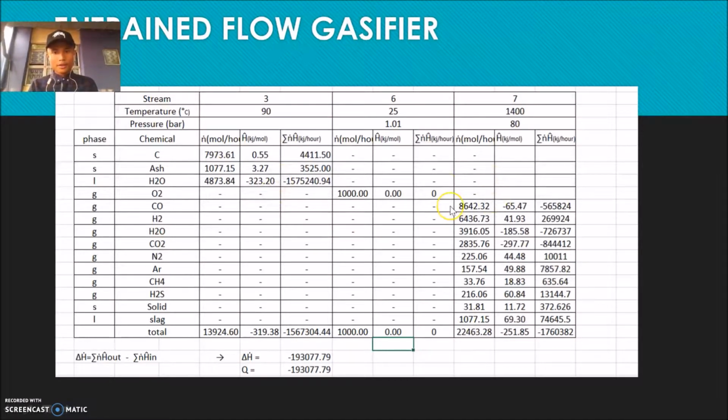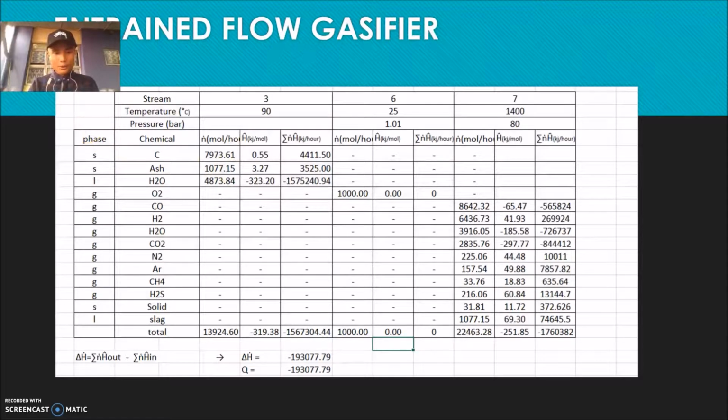So this is the energy table, which uses a reference state of temperature at 25 degrees Celsius and pressure at 1 atm.